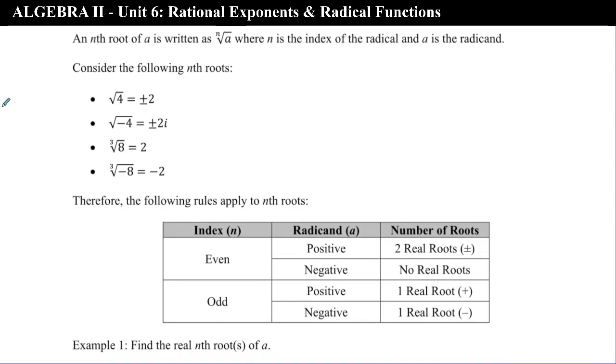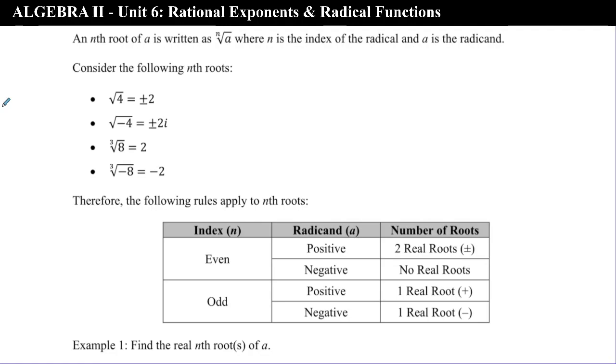If you have an even index and the radicand, what's under the radical, is positive, then you're going to have two real roots. That's like your first example: the square root of 4 equals plus or minus 2. If what's under the radical is negative, then you have two imaginary solutions, but no real roots.